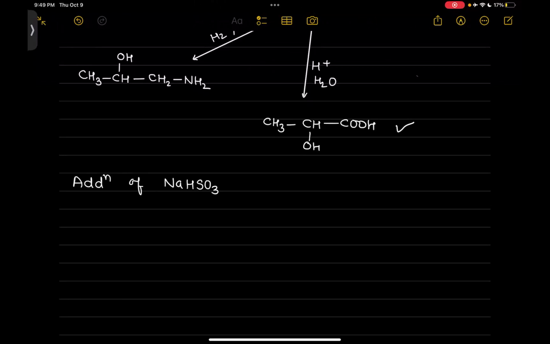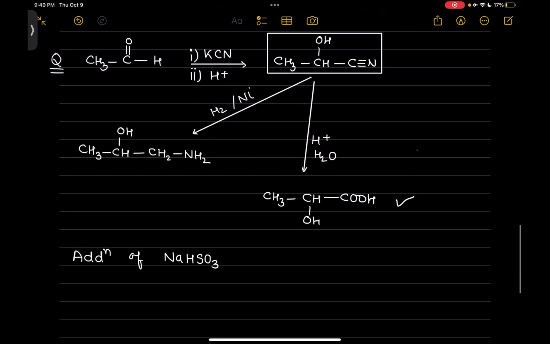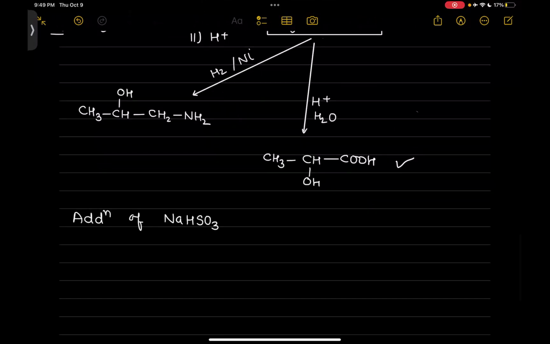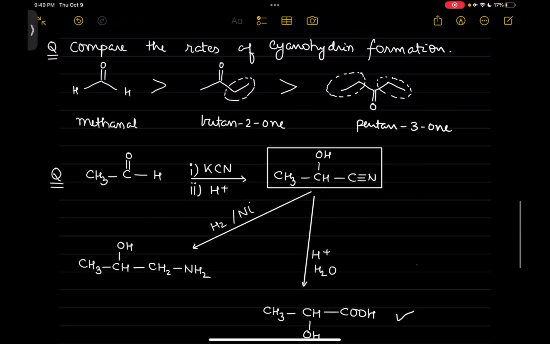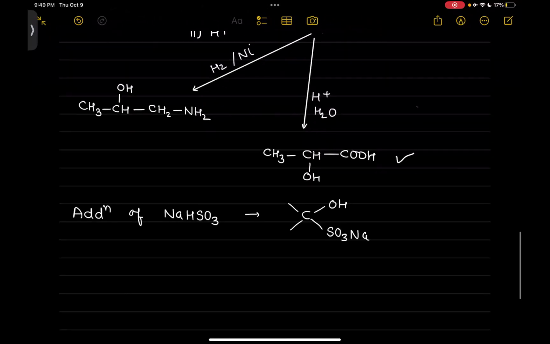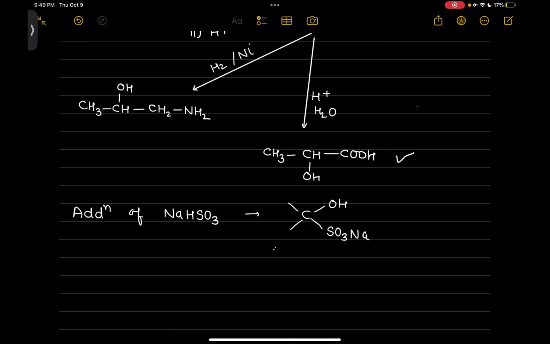Just like when you add KCN and H plus, you have OH and CN, when you add NaHSO3 you will have not OH and CN, you will have OH and SO3Na connected to a carbon. There you had OH and CN connected to a carbon. That's why it was cyanohydrin.